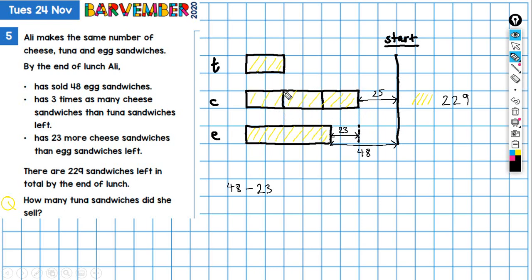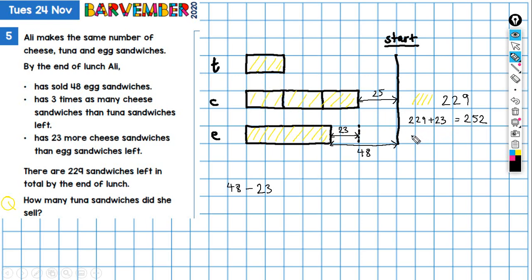And I know that the cheese sandwich block has these 3 equal size parts, the same size parts as here. So if I add 23 to 229, that gives me 252. I can then calculate the size of each of these blocks.